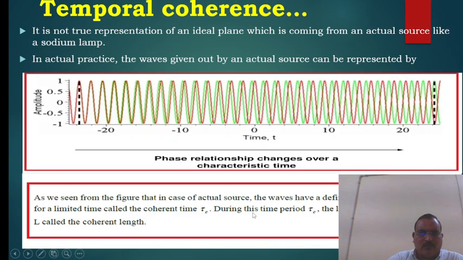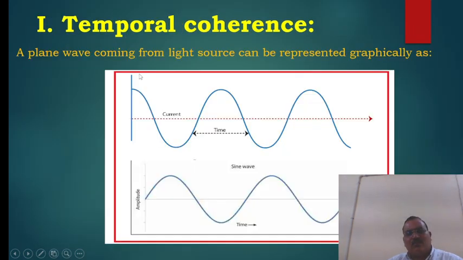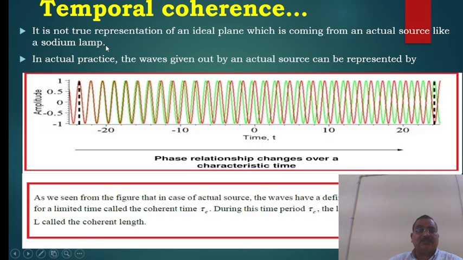Now, temporal coherence. It is not true that any light wave, any wave, will travel in this way. So I am writing here: it is not a true representation of an ideal plane wave which is coming from an actual source, like a sodium lamp. In actual practice, the waves given out by an actual source are represented this way.